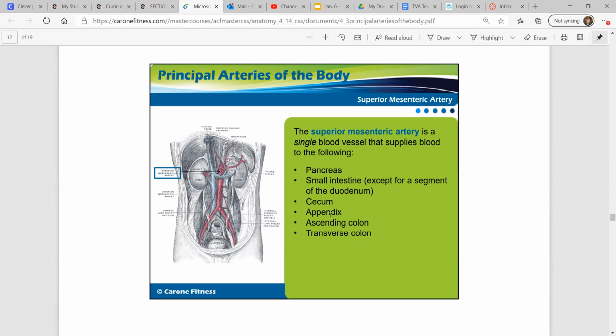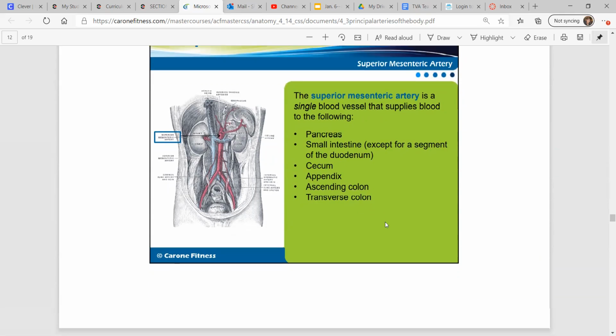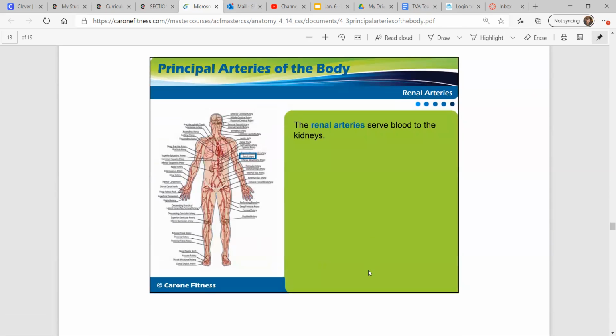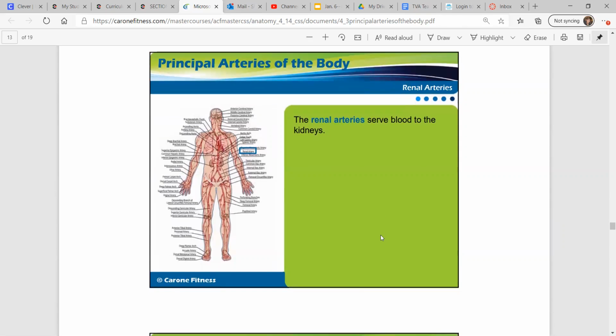The superior mesenteric artery is a single blood vessel that supplies blood to the following: the pancreas, the small intestine, except for a segment, the cecum, appendix, ascending colon, transverse colon. The renal arteries serve your kidneys.